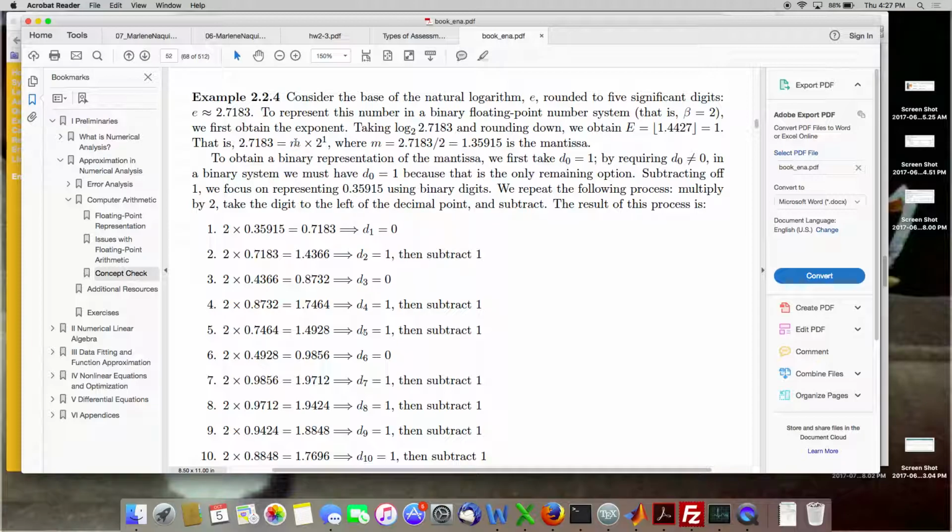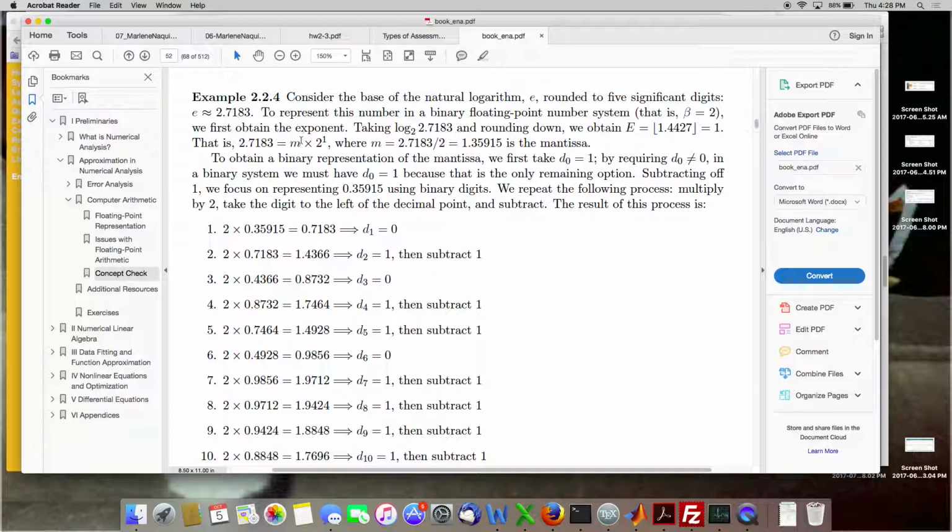Why is this? Because the mantissa in a normalized system has to be between 1 and the base, so its log is going to be between 0 and 1. That's the part that gets thrown away when taking the floor function.